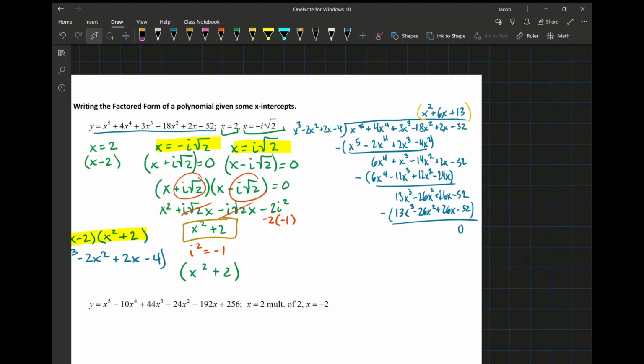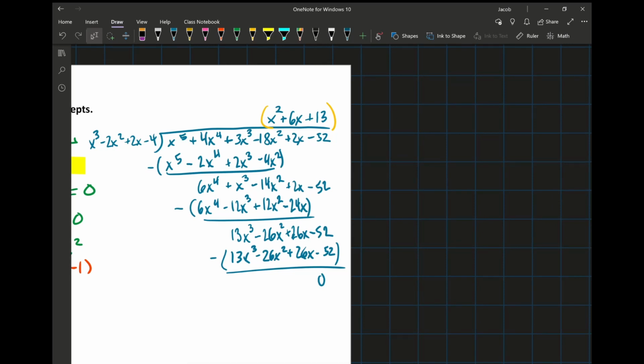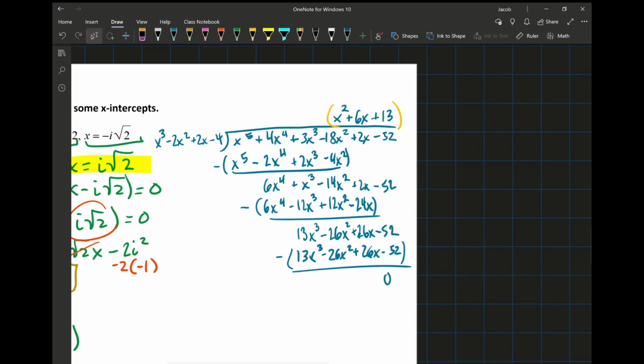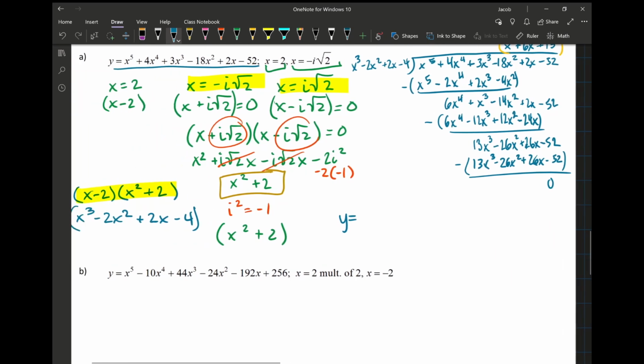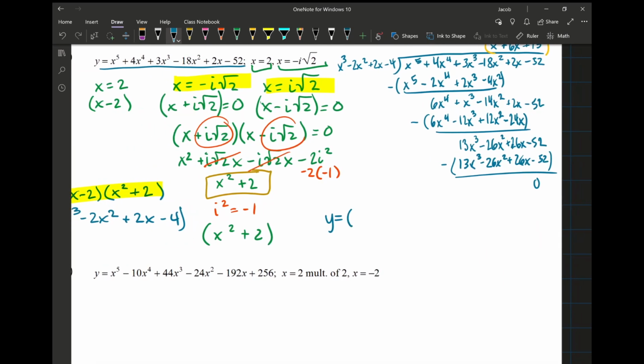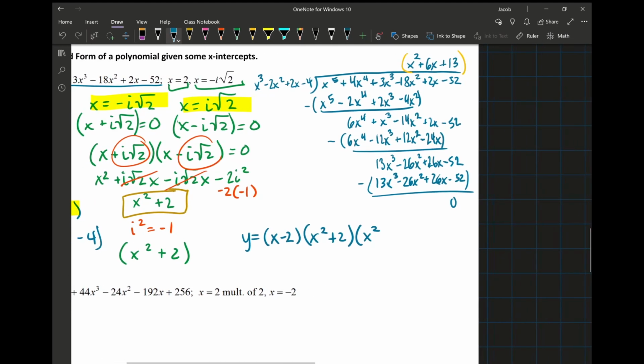So we cannot factor this quadratic anymore because we'll find an imaginary result. So we're going to leave our factored form as the least factored form it could be without having imaginary factors. So we have x minus 2, x squared plus 2, and x squared, our final factor, plus 6x plus 13. There we go.